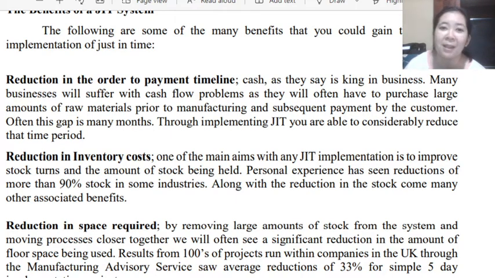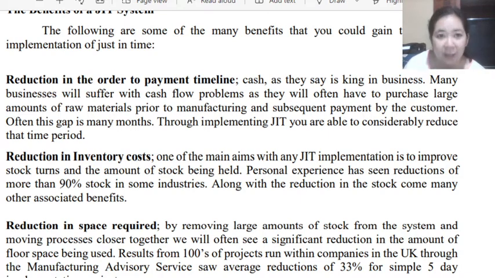Through implementing just-in-time, in this case, the entity will be able to considerably reduce that time period, because what they will order as their supplies for raw materials will only be the items needed for production that is ordered by the customer. So therefore, the time lag between these two is shortened.